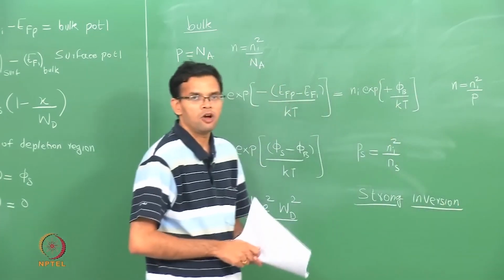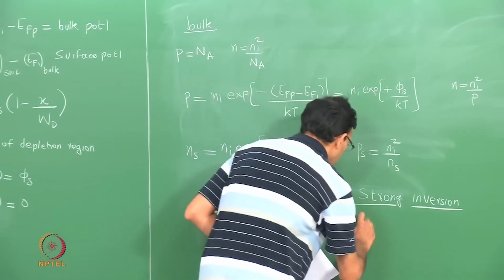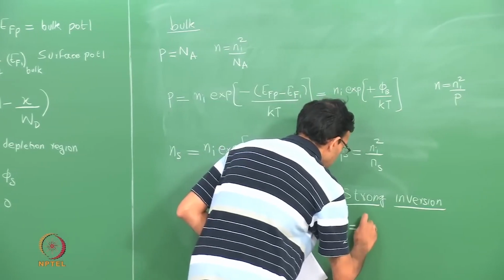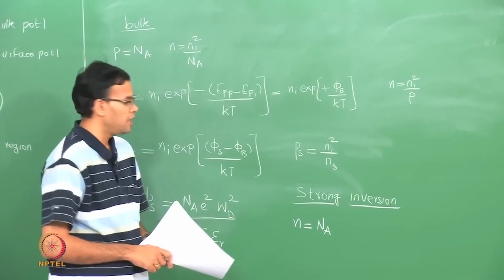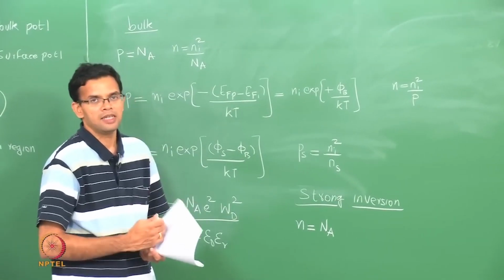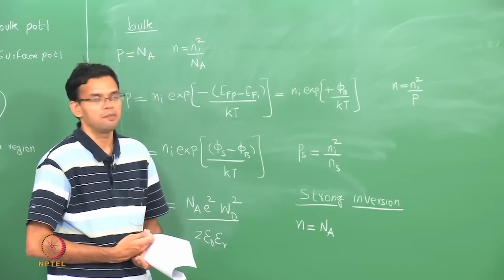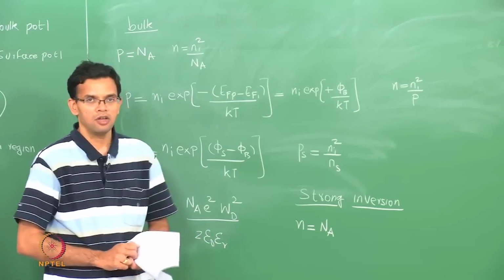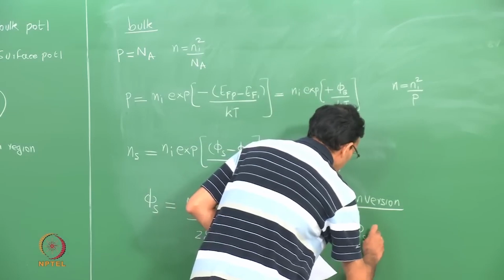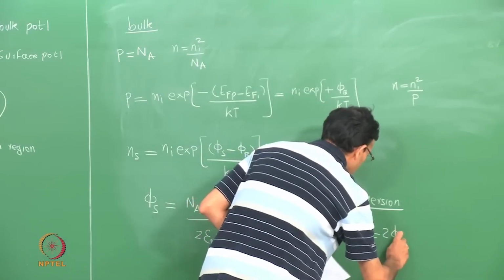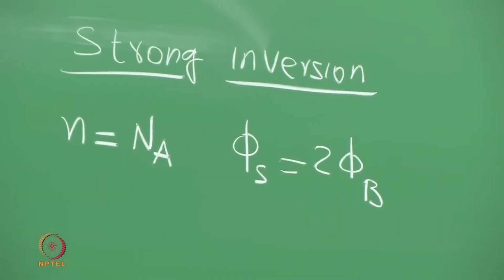In the case of strong inversion, we create an N channel where the concentration of electrons is equal to Na, so that we create a channel that is as strongly N type as the bulk material is P type. So, when we have strong inversion and N is equal to Na, psi s will be just twice the bulk potential.